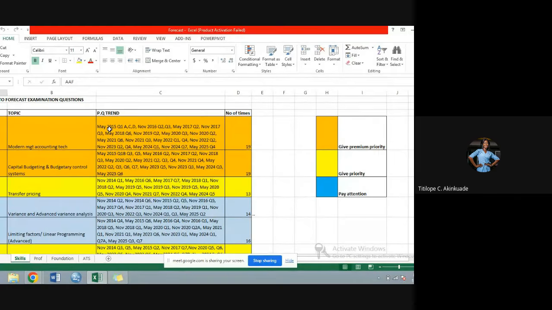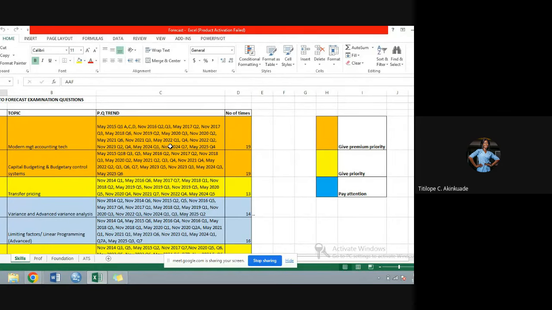Next to it is your capital budgeting and budgetary control systems. This one too has been widely examined 19 times from May 2015 up to last diet, May 2025. If you trace back, you'll see May 25, May 24, entire diet 23, May 22, entire diet 21, May 2020, November 18, November 17, like that.